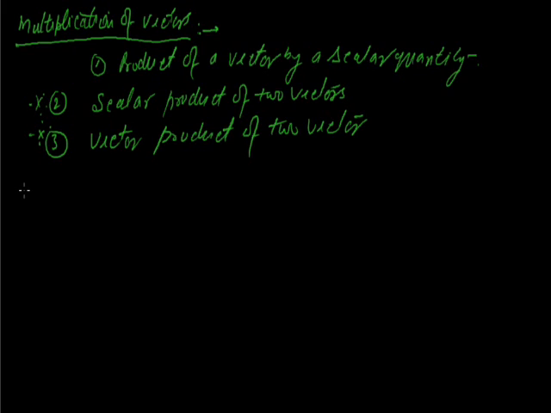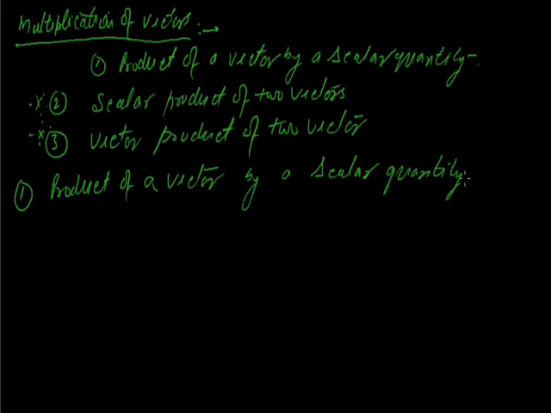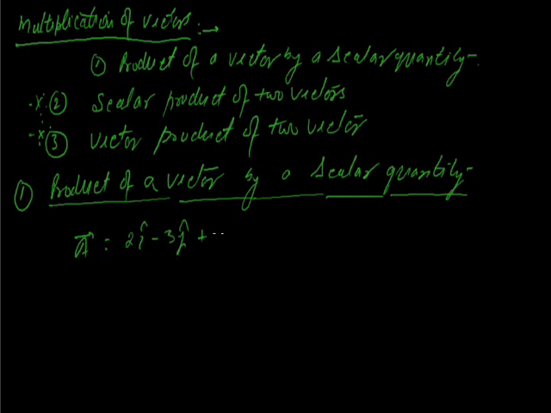First is very simple. First is the product of a vector by a scalar quantity. A vector by a scalar quantity is multiplied directly. For example, vector A is given as 2i minus 3j plus 2k.